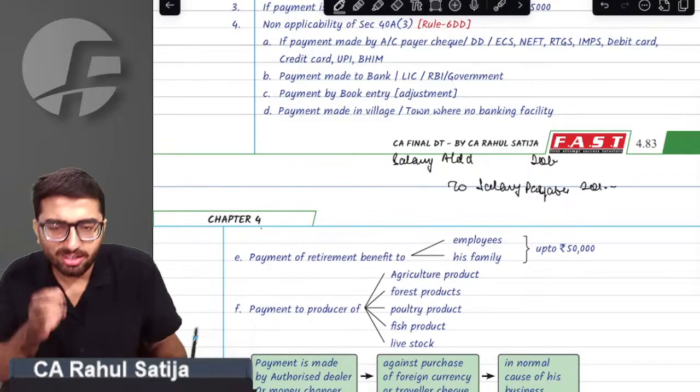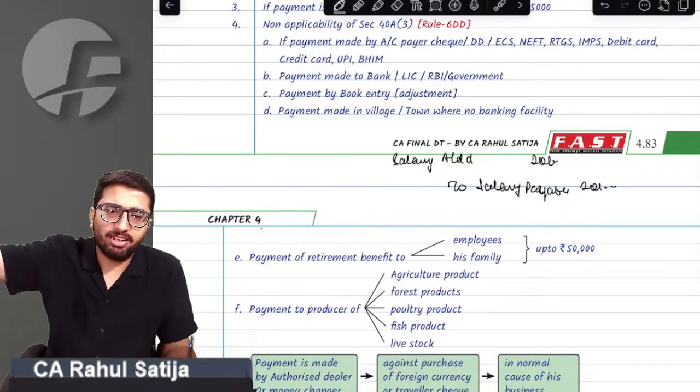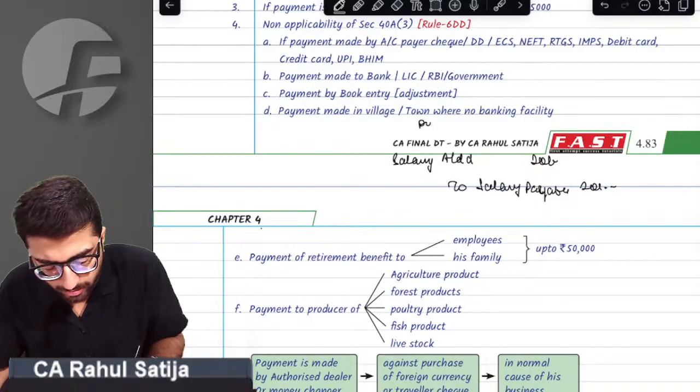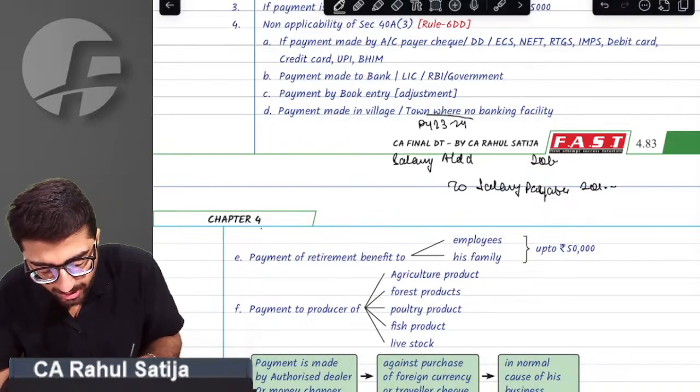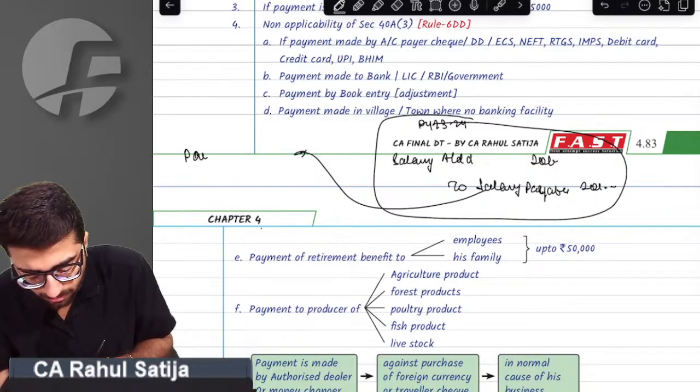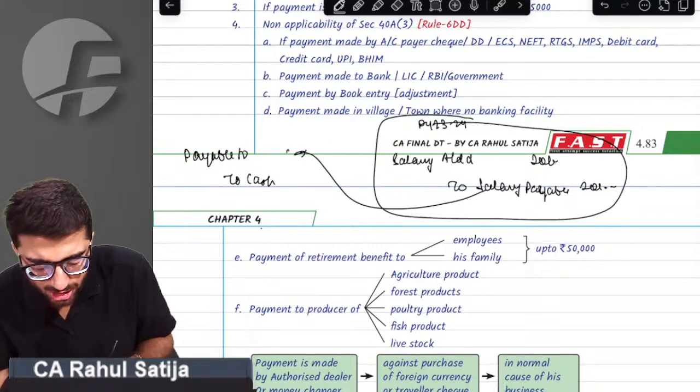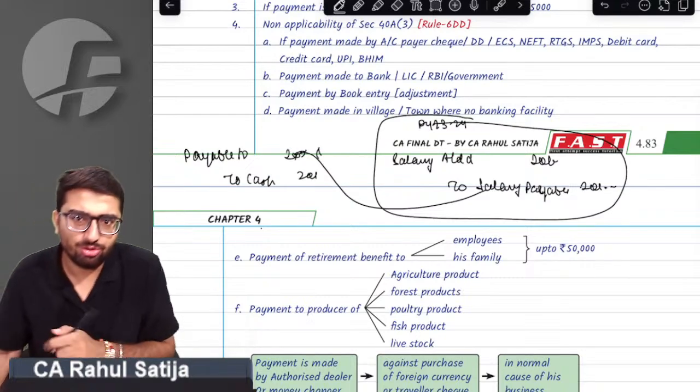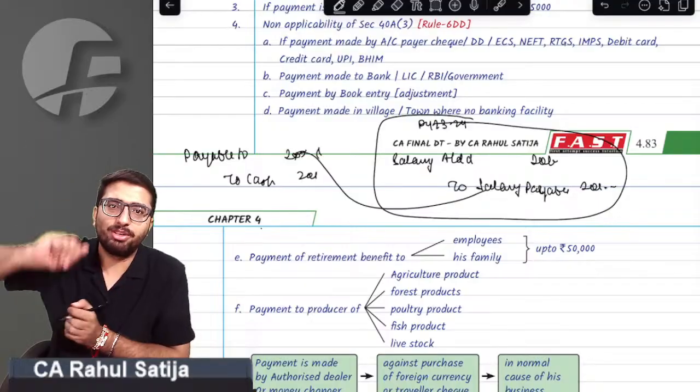She had booked the salary in the previous year 23-24. And in the current year, she paid such salary payables in cash. This is the logic that Monisha used.